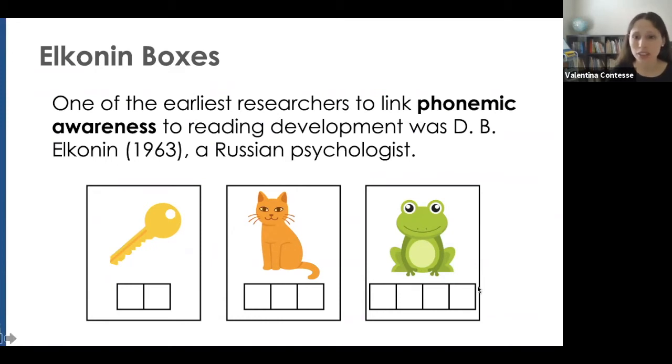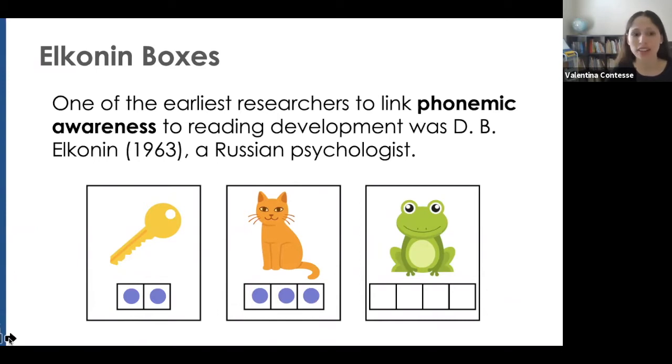How Elkonin intended for Elkonin boxes to be used was for phoneme segmentation using chips or markers. The idea was for students to identify what a picture was, say the word, and then segment each of the phonemes in that word using chips. So for key, it would look like this: /k/, /ee/. And then for cat, it would go /k/, /a/, /t/.